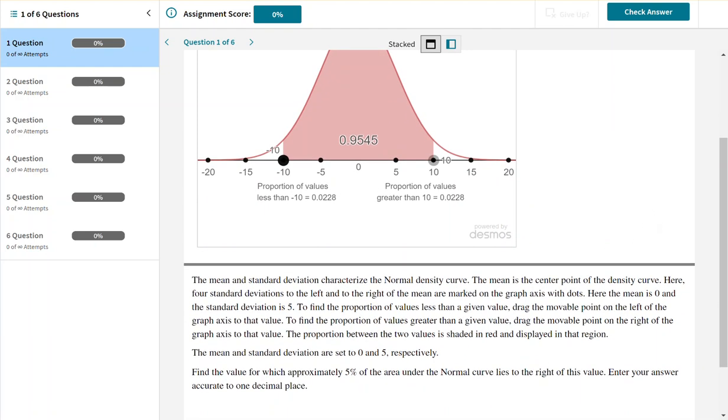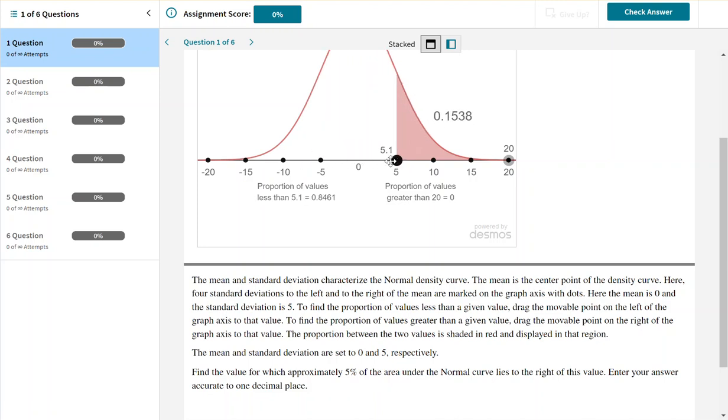This first one says we want to find the value for which approximately 5% of the area under the normal curve lies to the right of that value. So I'm looking to the right. I'm going to drag this point as far to the right as I can, and then move the left-hand edge over here.